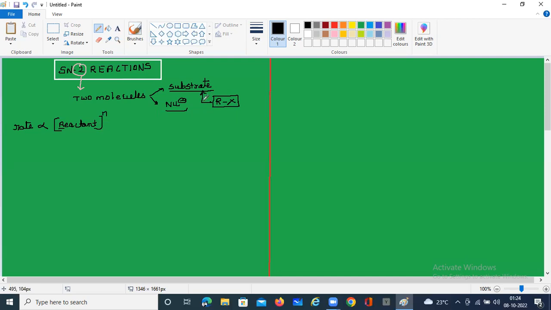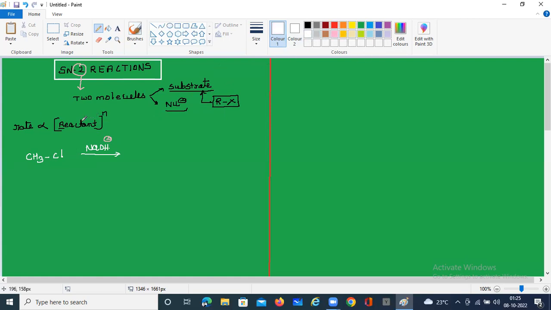So here I want to give one example. See, in place of alkyl halide, I am taking this, for example, CH3Cl, that is methyl chloride, when it reacts with NaOH. In NaOH, OH minus should be the nucleophile, isn't it?